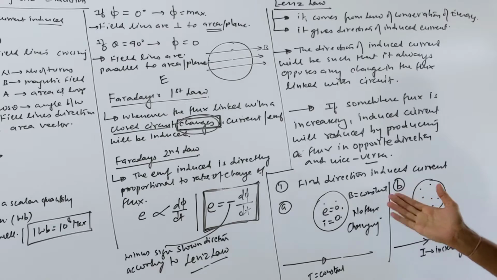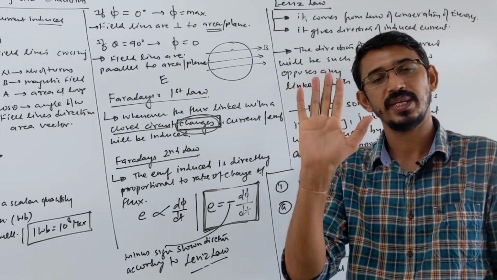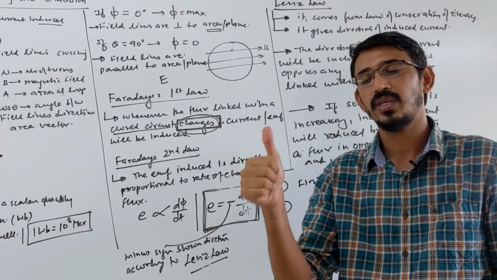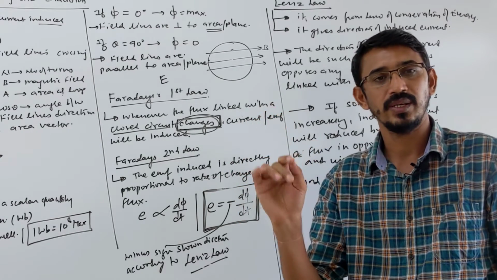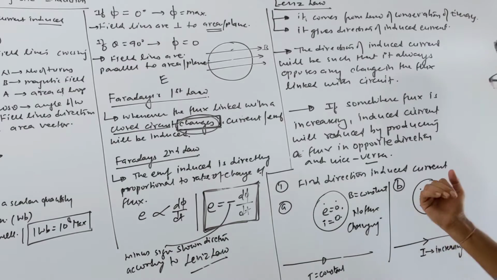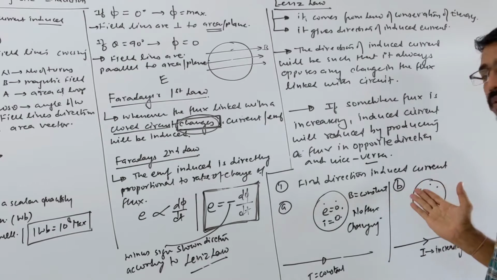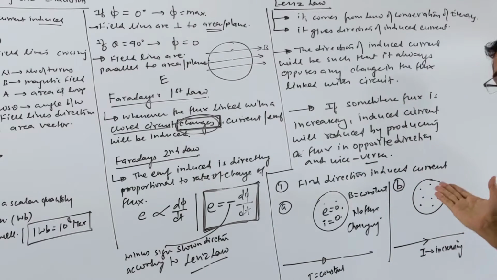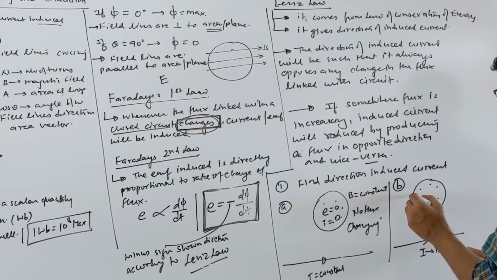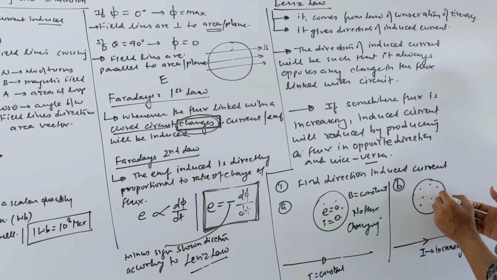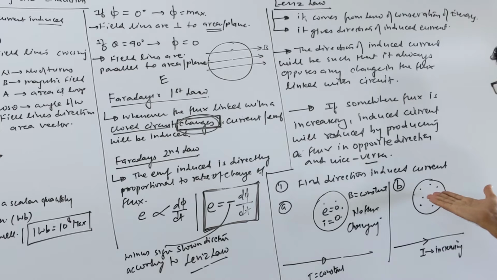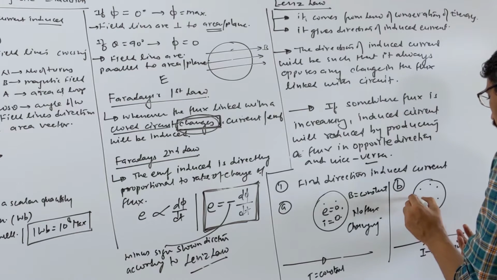So the field due to our induced current will be inward. We want to know the direction of current, so using the same right hand rule, the thumb shows the direction of current and the fingers show the direction of the field. The field due to this wire is outward, so the field due to our induced current will be inward. Now check your hand: for an inward field, I need a clockwise current.